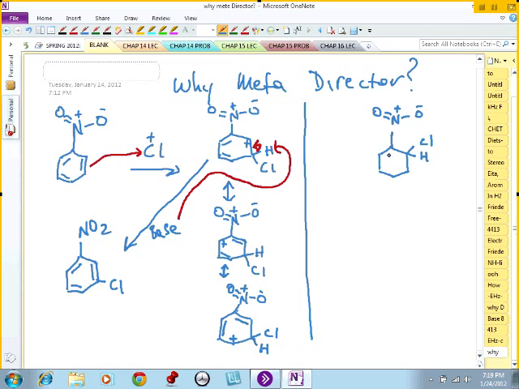All of this will still be here. So the positive charge will be where? Right here. Now let us draw resonance for this. If we move this to here, the positive charge will be here.